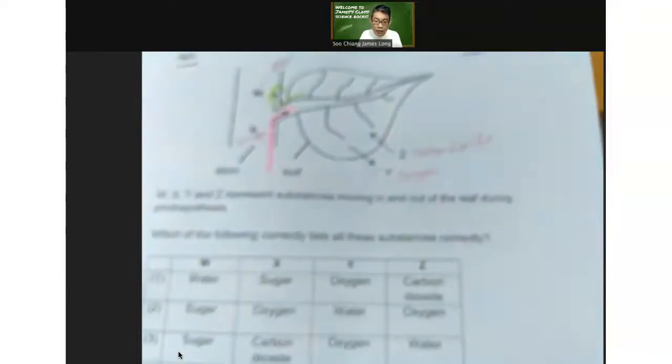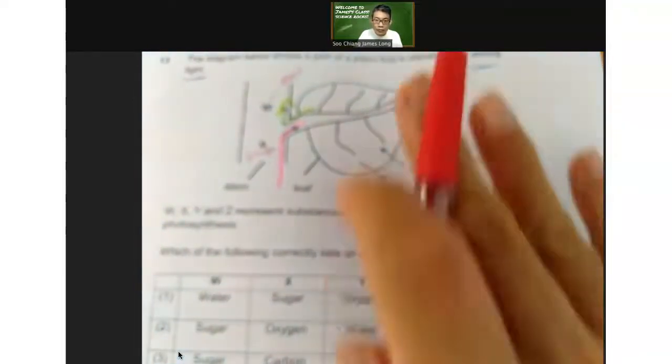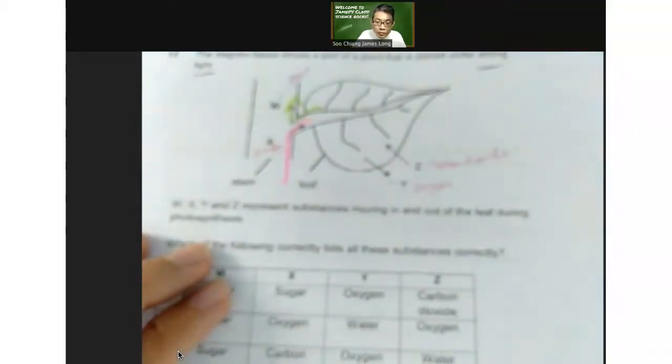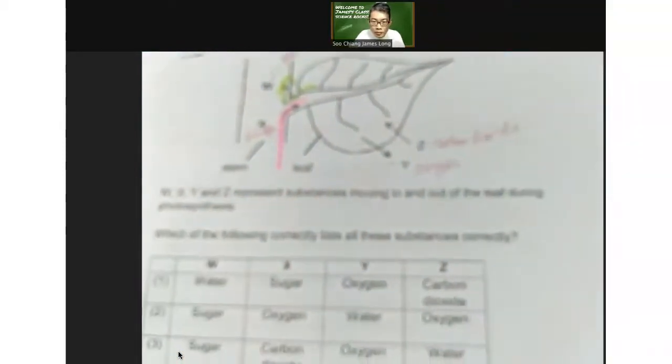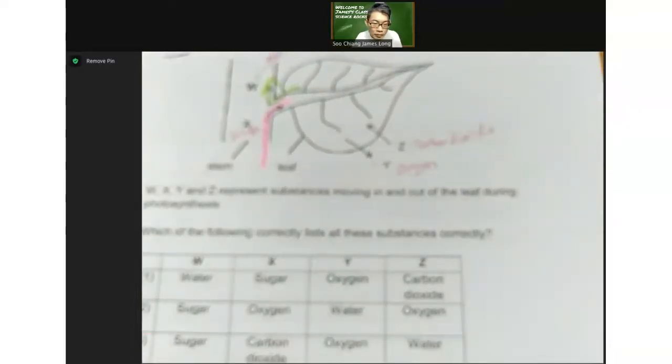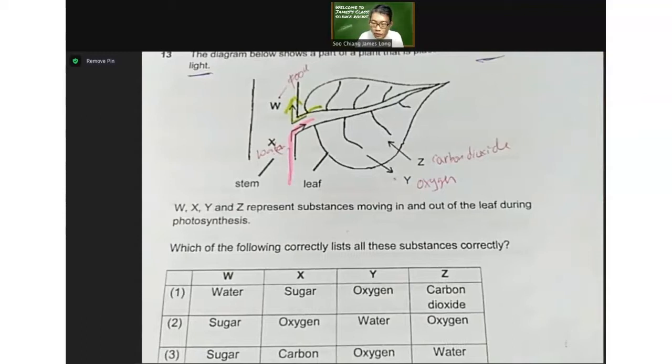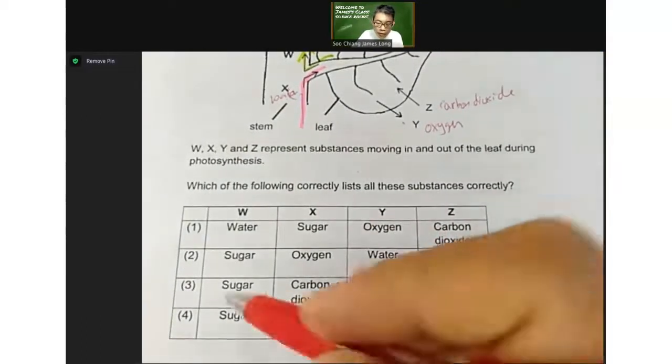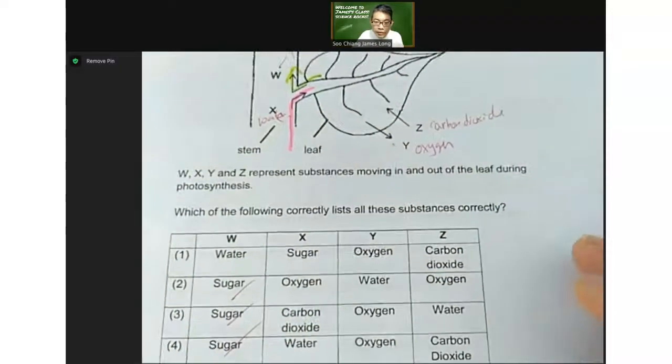Let's take a look. W. Okay, so let me just check my zoom. Give me a moment. Okay, much better. So W is food. Let's check. W is food, sugar. Yes. X is water.